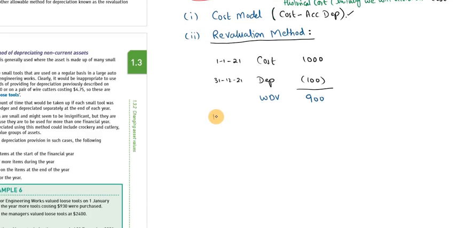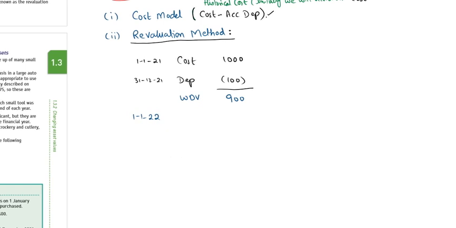For example, at 1st Jan 2022, the market value of the asset increases by, for example, 400. So the new amount will be 1,400.